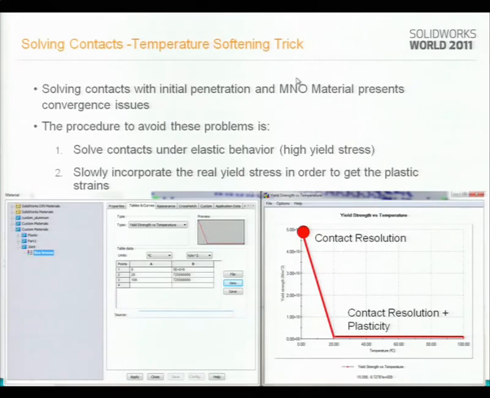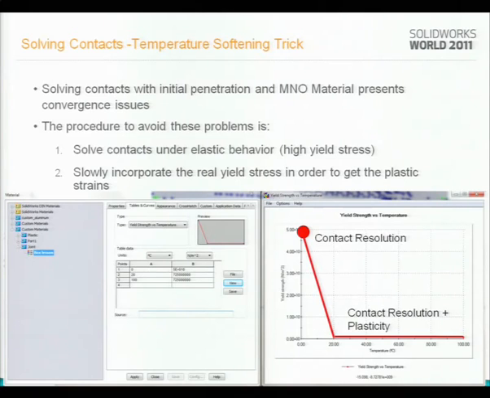Solving contact with initial penetration and nonlinear material presents convergence issues. When I say it presents convergence issues, it cannot be solved, right? If I have penetration with nonlinear material and I am over the yield stress, getting a lot of plastic strain is almost impossible to be solved.